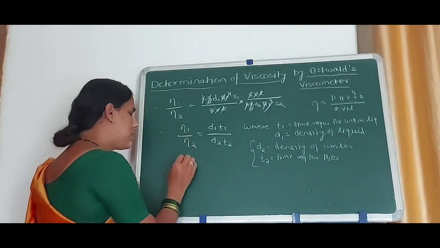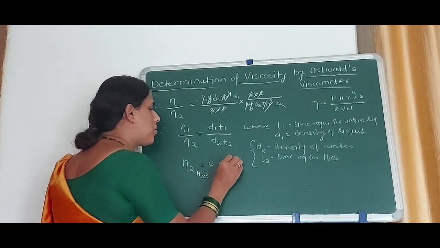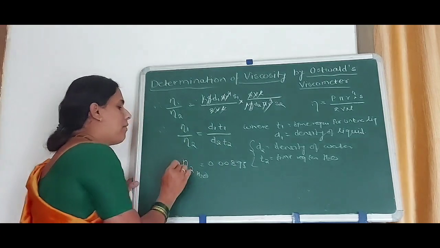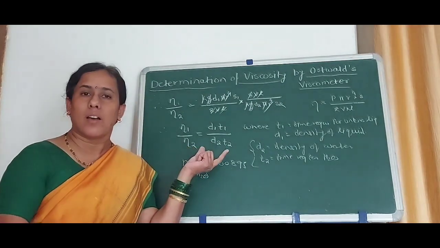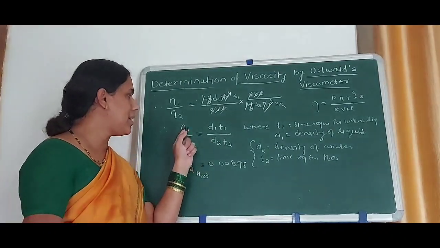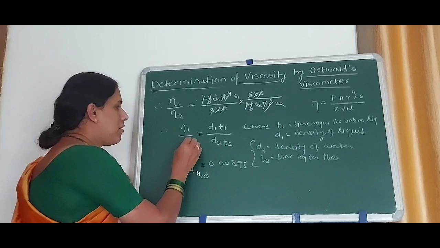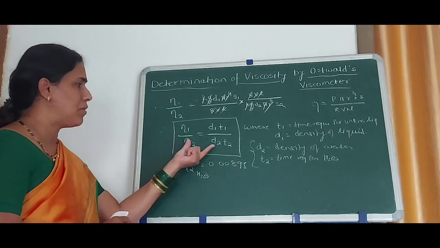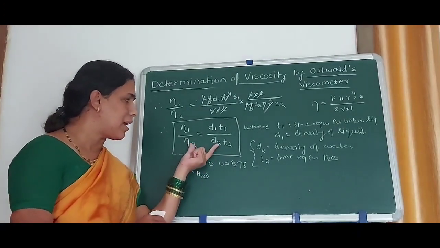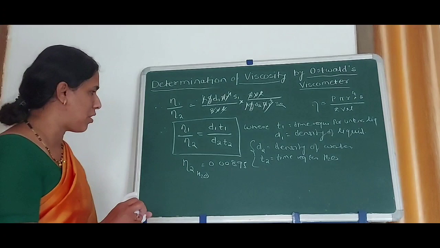We have to know this eta 2 of water, that is equal to 0.00895. Once you know the coefficient of viscosity for any one of the liquids, you can easily calculate the coefficient of viscosity of the given liquid. Therefore, by using this formula, one can calculate the coefficient of viscosity by using the Oswald's viscometer.